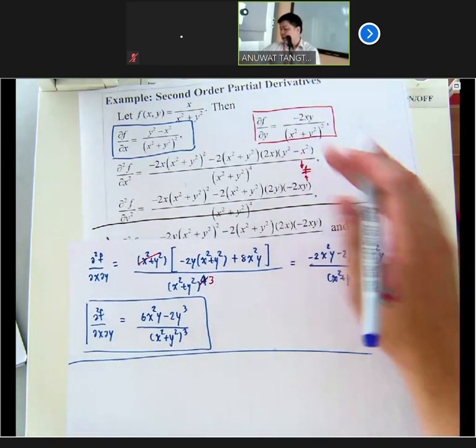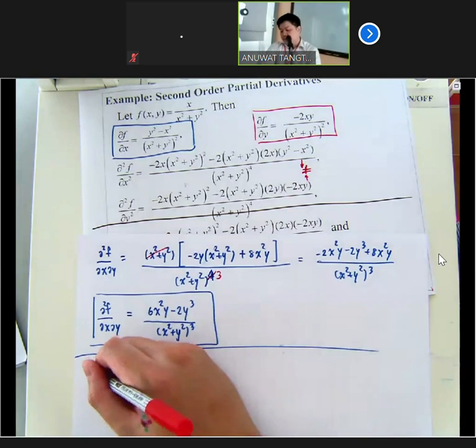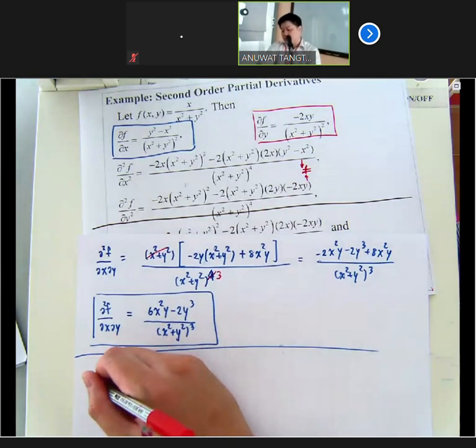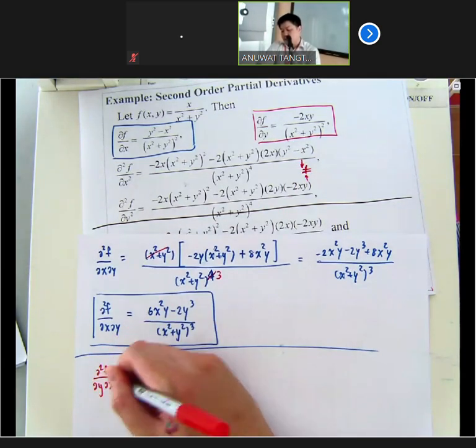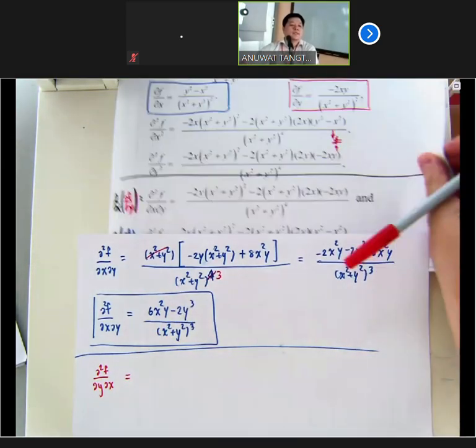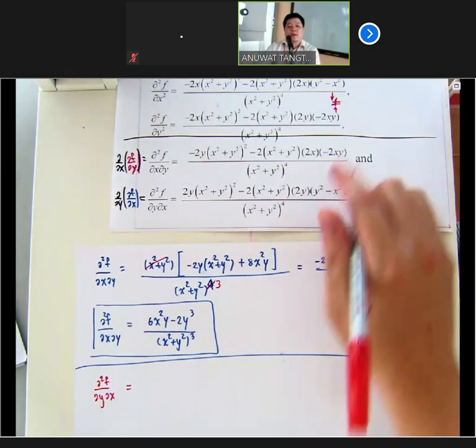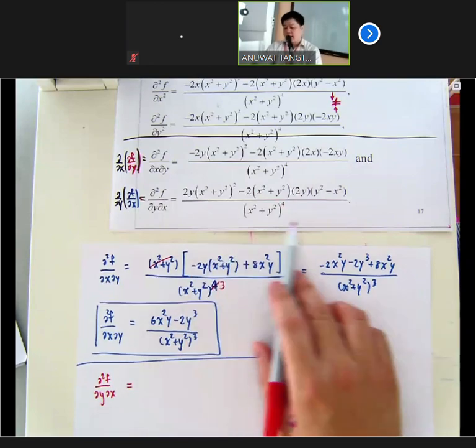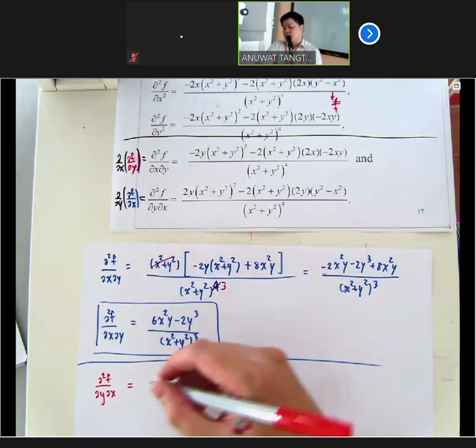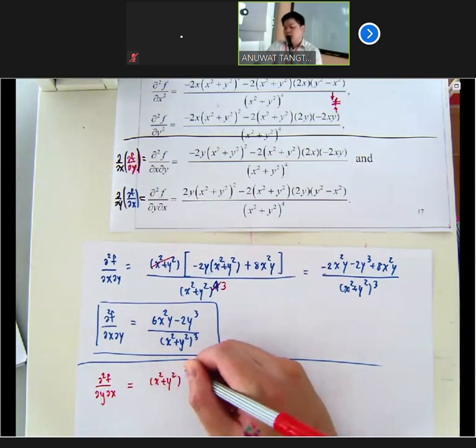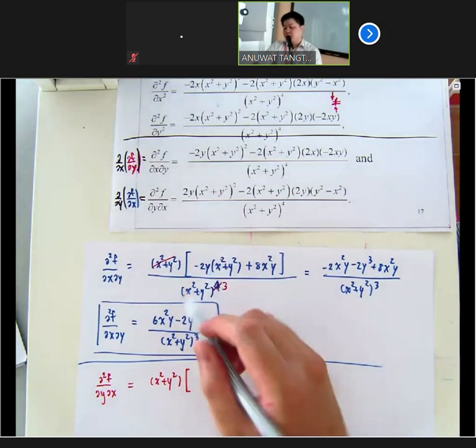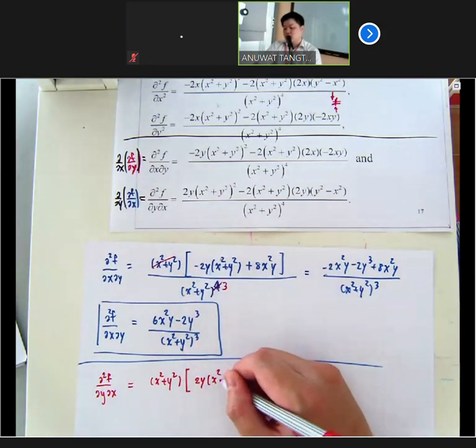Now let me do another one. What about d square f by dy dx? Let's look at this one. Again, we can take x squared plus y squared out. This one would be 2y times x squared plus y squared.